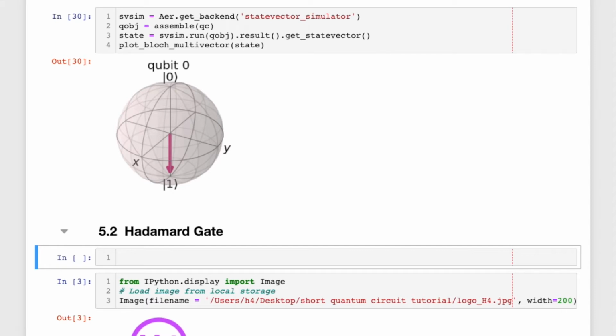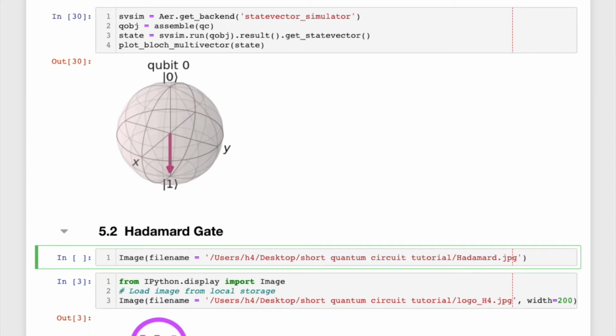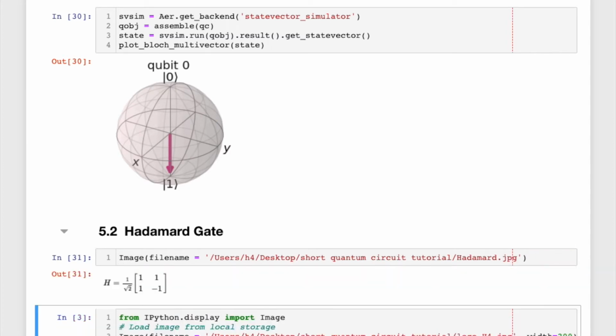Or this transforms the state of the qubit between x and z axis. Mathematically speaking, you get this. All these matrices are unitary.